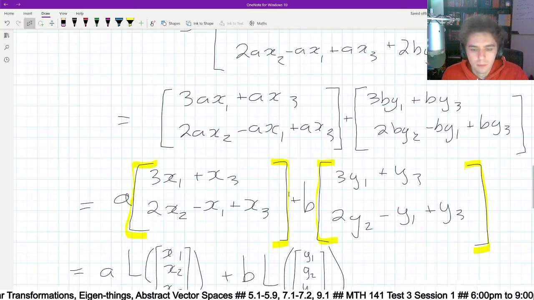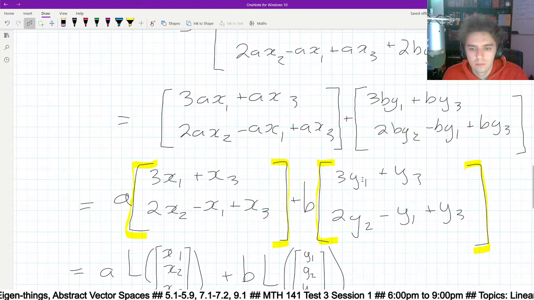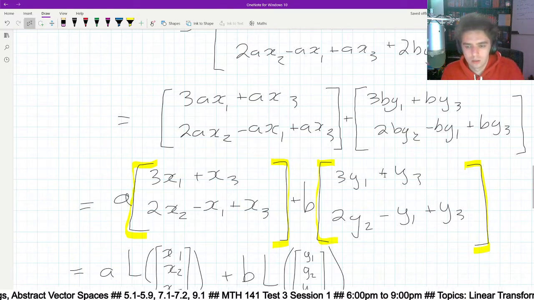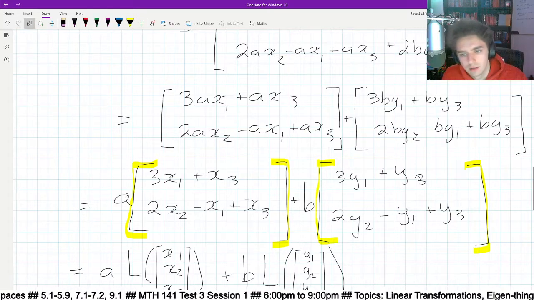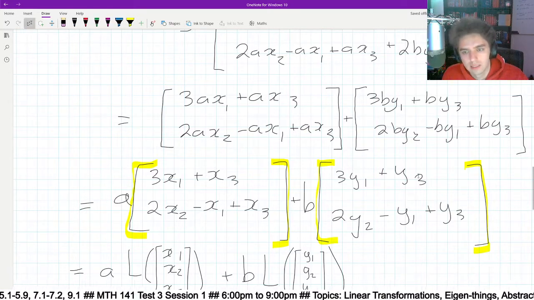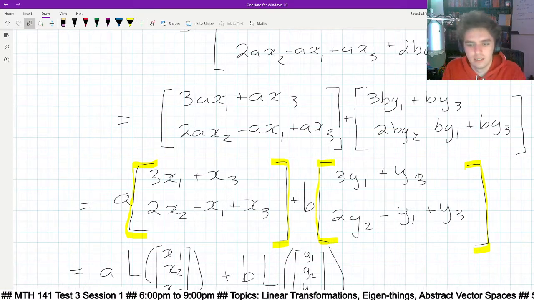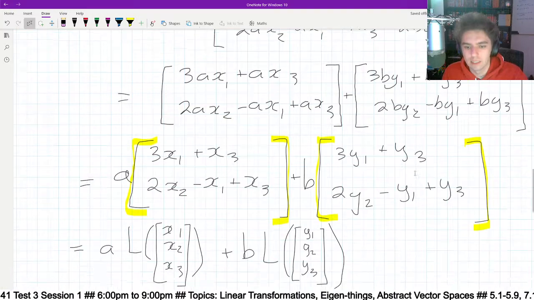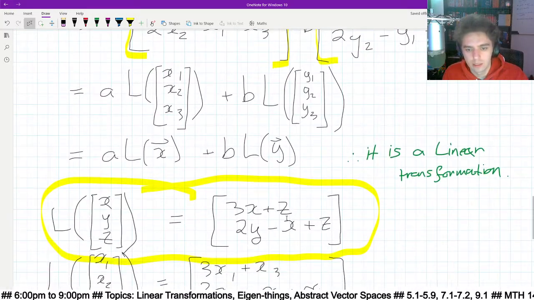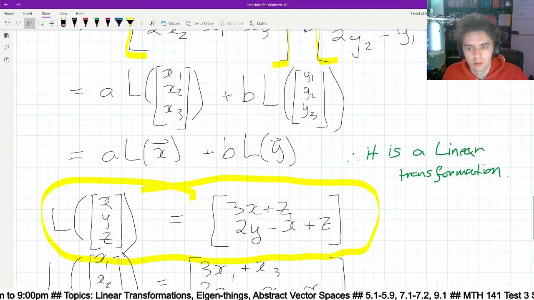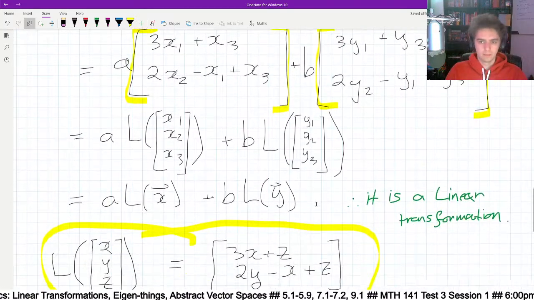Shouldn't it be z for the top? This should be a 3. Is that what the confusion was? Yeah, that should be a 3. So that would be a z, the bottom value, the third value, and so that corresponds to the definition too. Okay, I got a little confused.